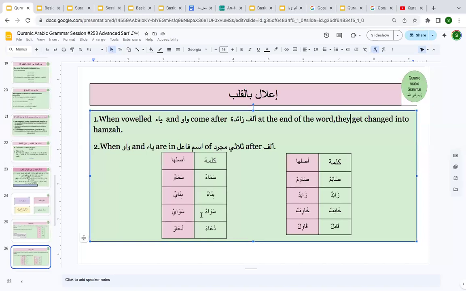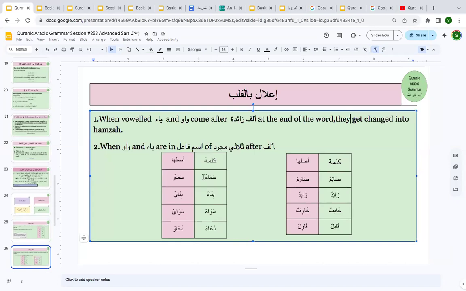It got changed into hamza. Du'a'un, so many times we use this word du'a, right? Rabbana taqabbal du'a, right? So this was originally du'awun. What happened to waw? According to the rule, because this waw, this ya was present after alif zaida, they all got changed into hamza.